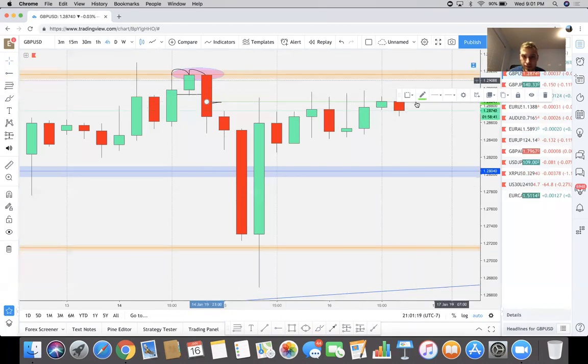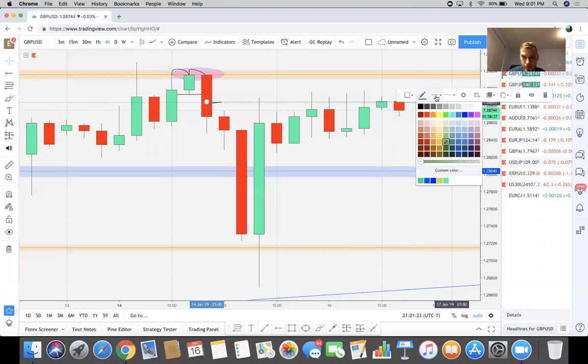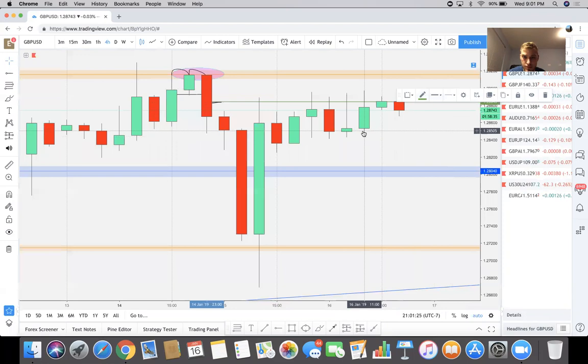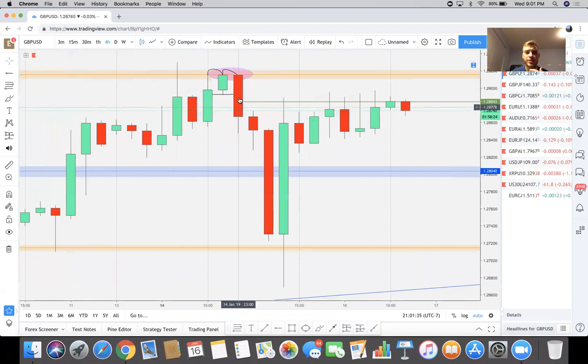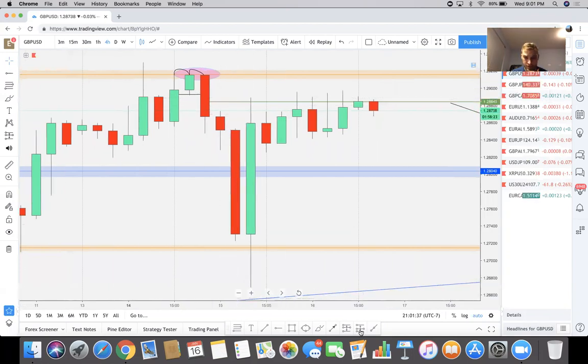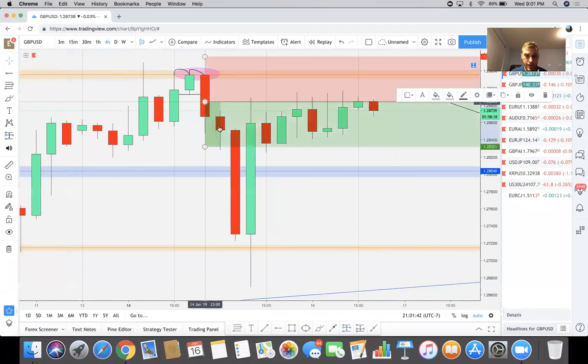Make that green. Cool. So I would see this rejection on the 15-minute chart, and then it created a double top up here, and then my entry would have been there.